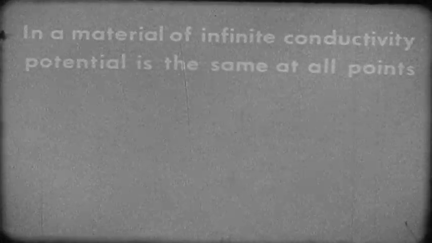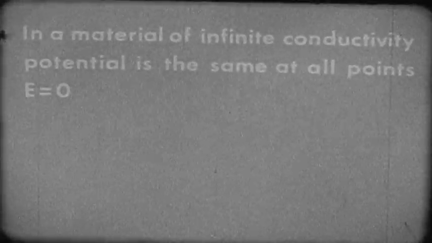As we have seen before on our voltmeters, there can be no potential difference between 2 points in a material with infinite conductivity, even if a current is flowing through it. So, the potential has the same value at all points. This means that the electric field intensity is zero.